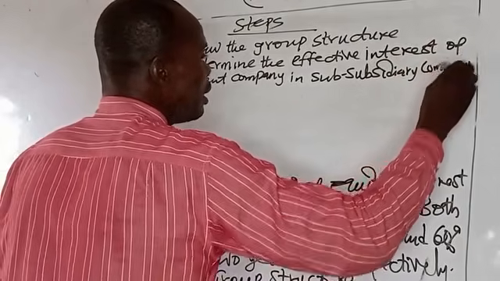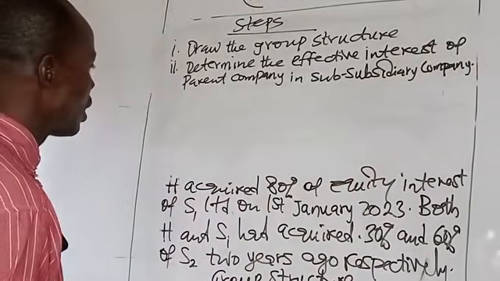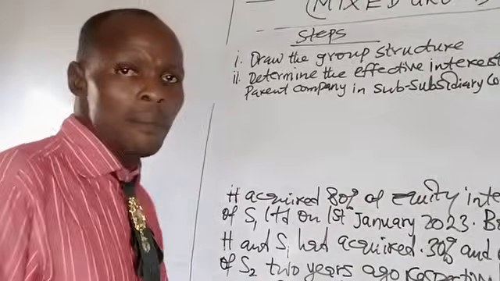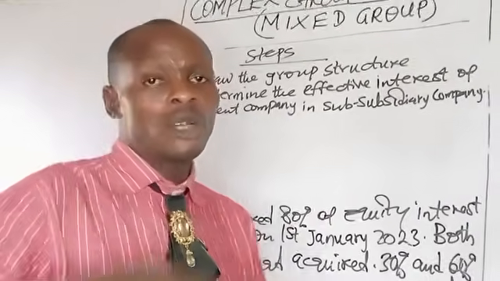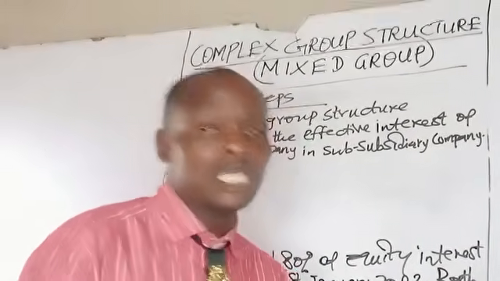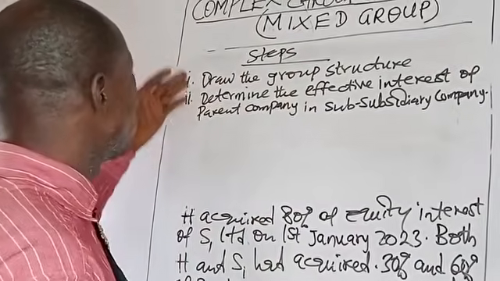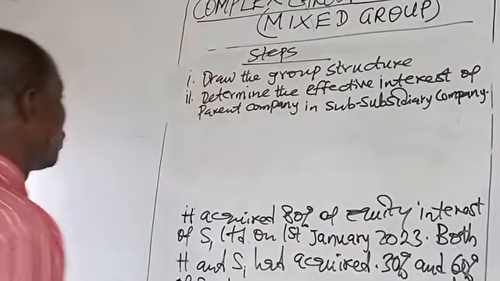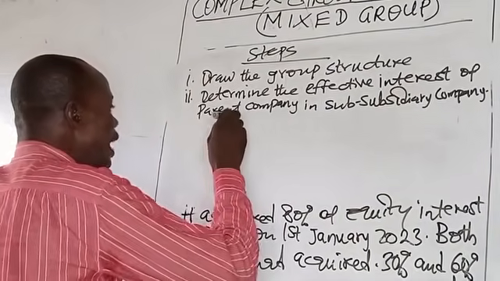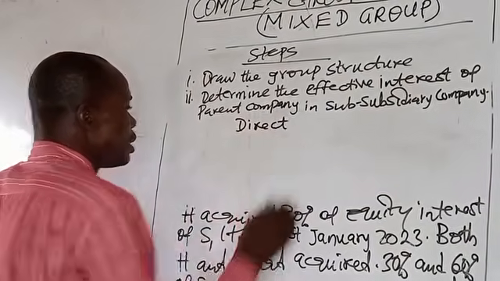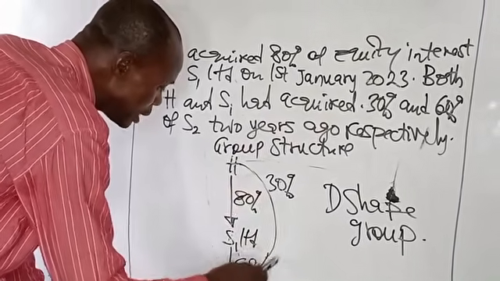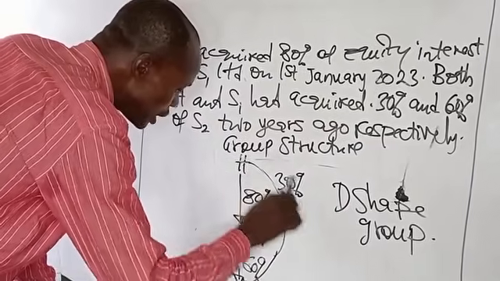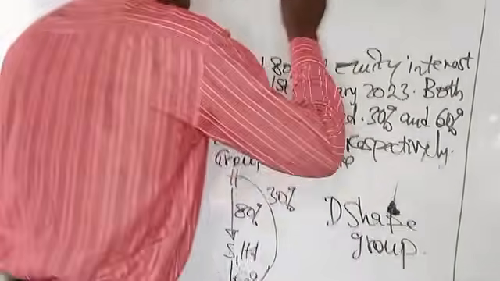Remember, I've told you that in a mixed group structure, the parent company will have both direct and indirect interest in the subsidiary company. So, to determine the effective interest, you have direct interest. From our earlier illustration, H acquired 30% of S2. The 30% stake of H in S2 is the direct stake.